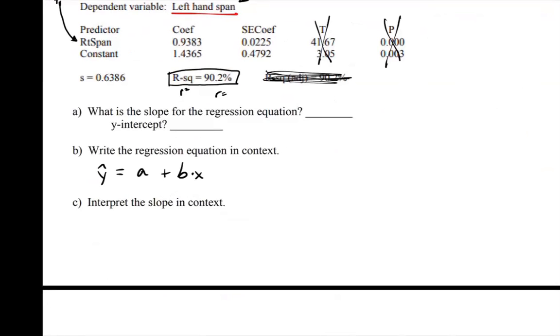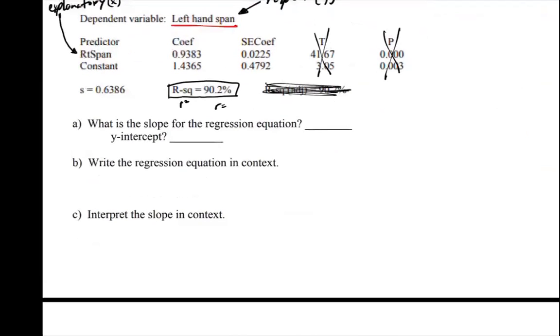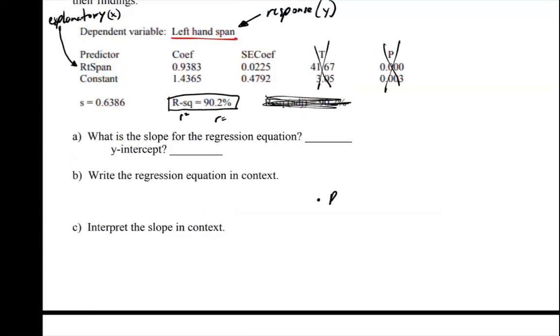I just want to get the numbers down first. Actually, we could probably do this right now. What is x? What is the independent variable? Right hand span. So it's going to be times right hand span. And then the y is left hand span, right?